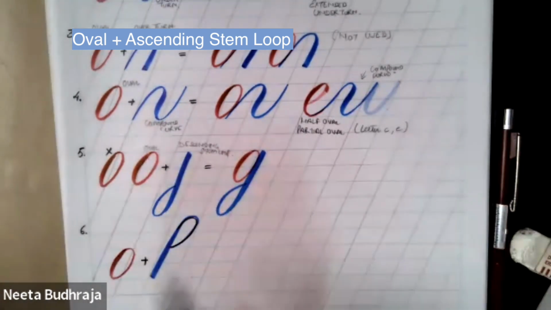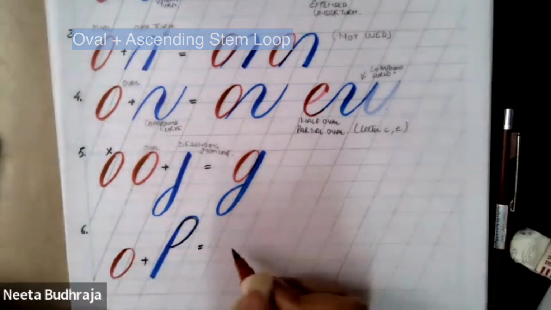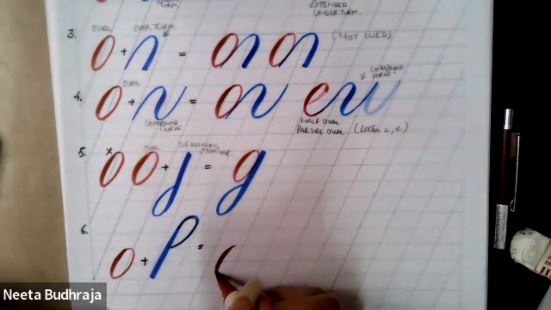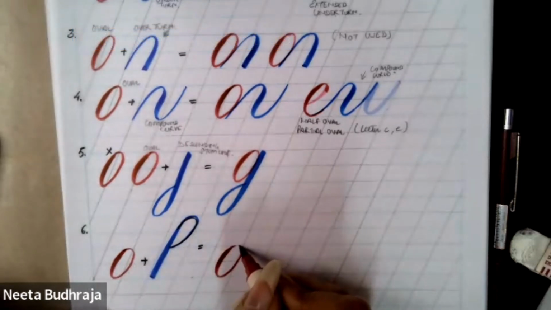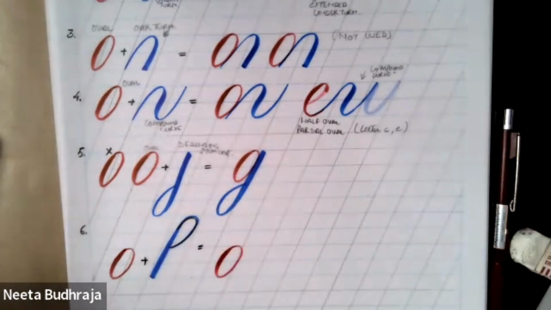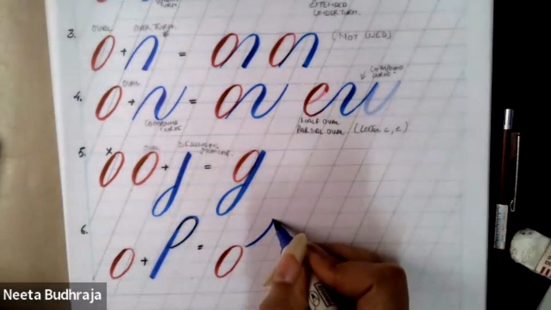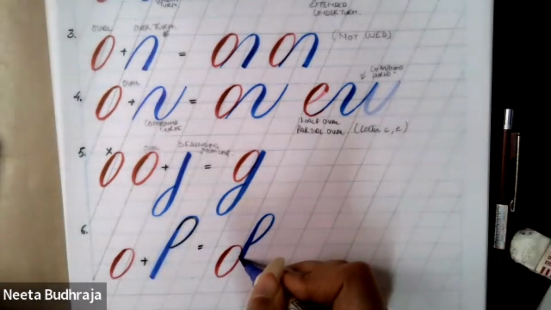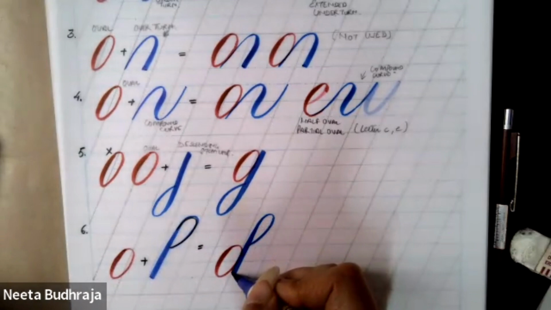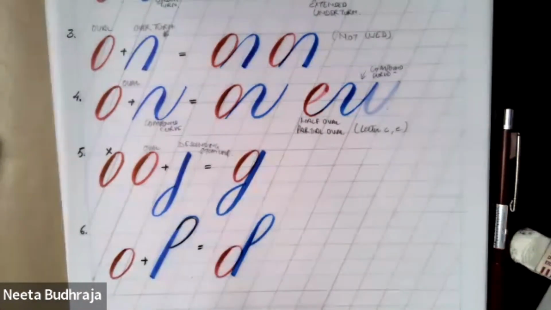So that will give us any idea which letter will use it, any guesses? So we have created this oval and we are now doing the ascending stem. So any idea about this letter?